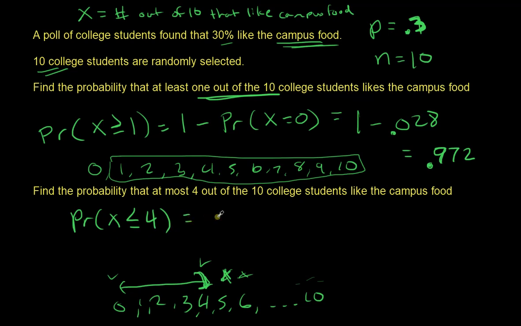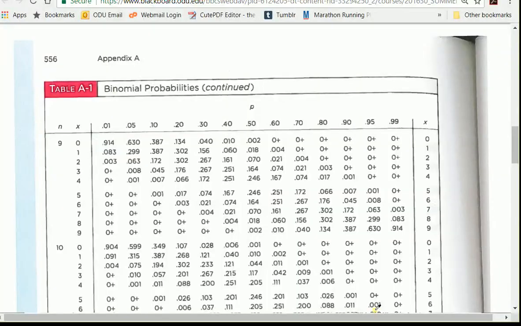To calculate this, I'm going to need to pull up my table again. So at most 4 means 4 or less. So I'm going to go here where it says 4, and I want to add up all these ones. I'll pull up my calculator and do this. On the test, you would want to write all these down so I know exactly what you're adding, and so I know if you make a mistake. So it's going to be 0.2 plus 0.267, that's 3. 2 is 0.233.